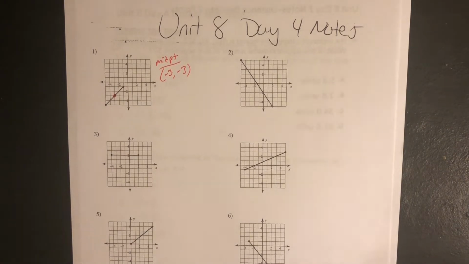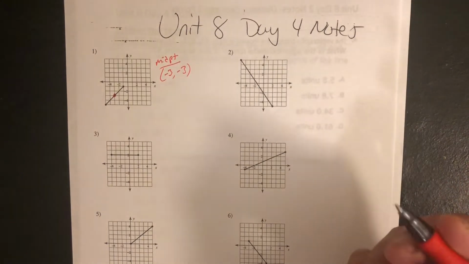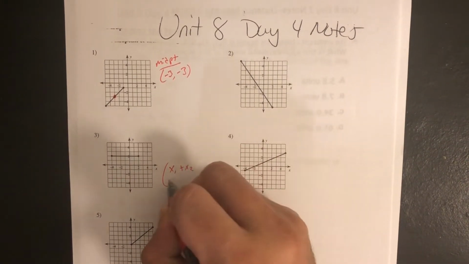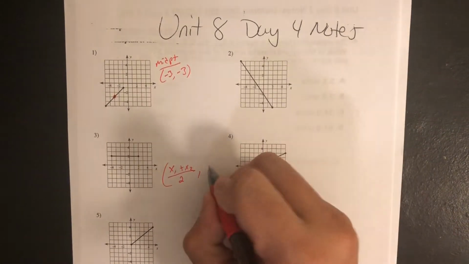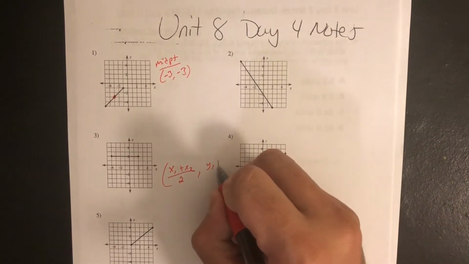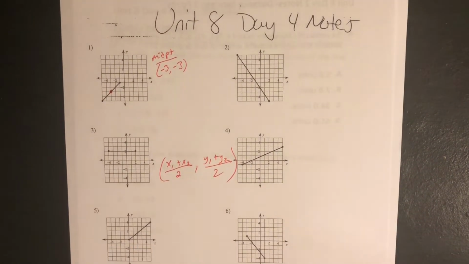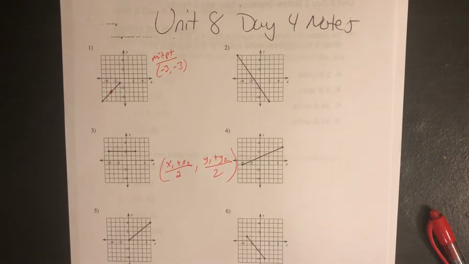So the formula that we typically give students is x1 plus x2 divided by 2, and then y1 plus y2 divided by 2. Okay, and I know you're looking at that format and saying, I do not understand what that means.